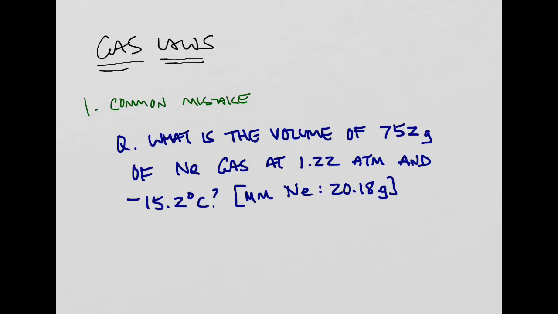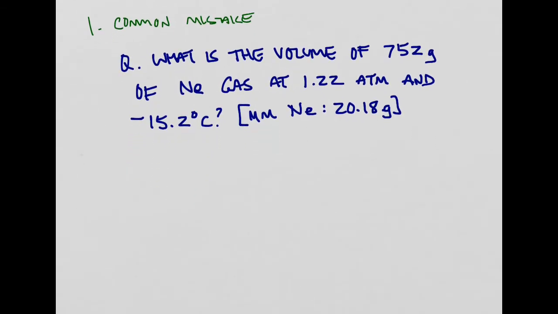So you would see a question just like this. What is the volume of 752 grams of neon gas at 1.22 atmospheres and negative 15.2 degrees C? Now, for most of you, this is not going to be too much of a problem. I think you would look at this and say, all right, I'm going to go ahead and use the ideal gas law to solve this, because you just worked with the ideal gas law.